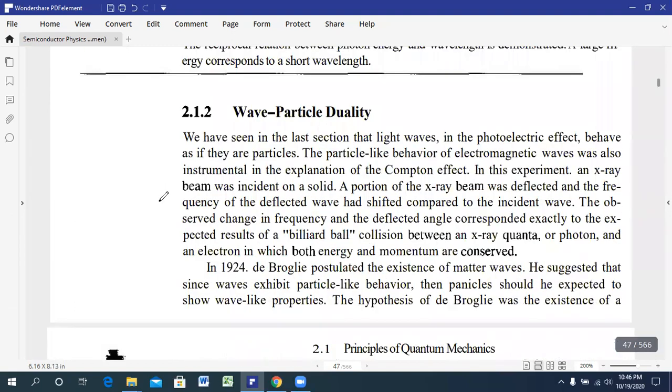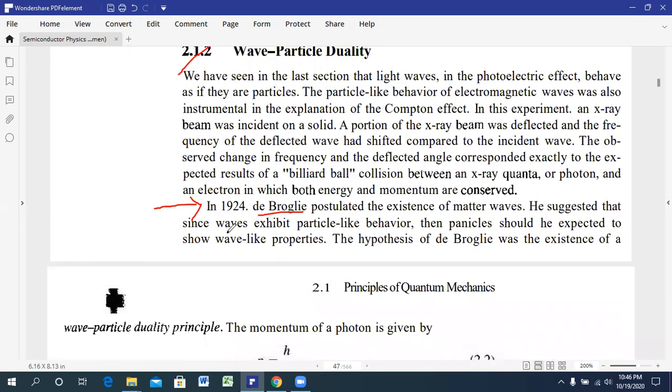Now move to the second topic, wave particle duality. In this case we will define that light can be explained in terms of wave and also in terms of particle. In 1924, a scientist named de Broglie postulated the existence of matter waves.